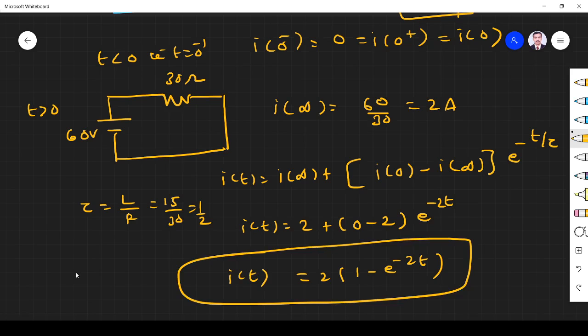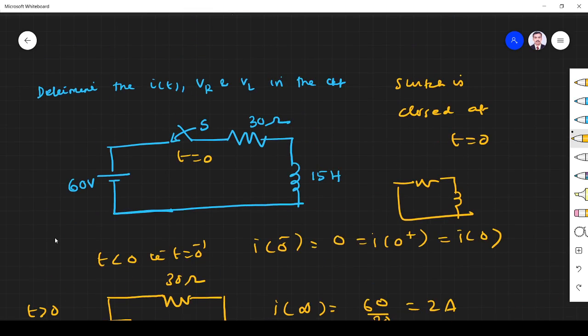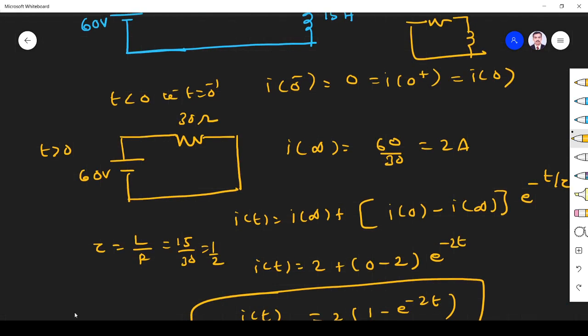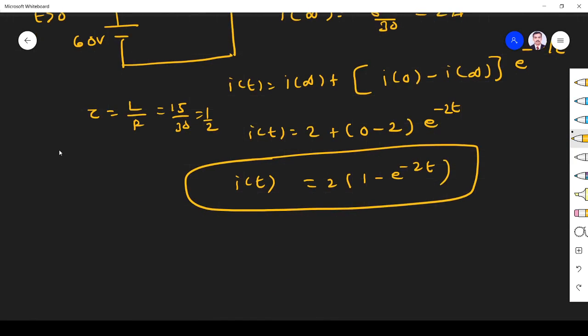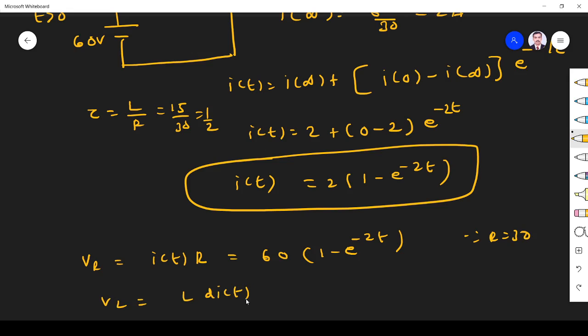So we found I of t. Next, the voltage across the resistor. The voltage across the resistor is simple, nothing but V R of t equal to I of t into R. R we have only 30 ohm. So it is 2 into 30, which is 60, into 1 minus e power minus 2t, because R is equal to 30. Next, VL. VL is equal to L di of t divided by dt.